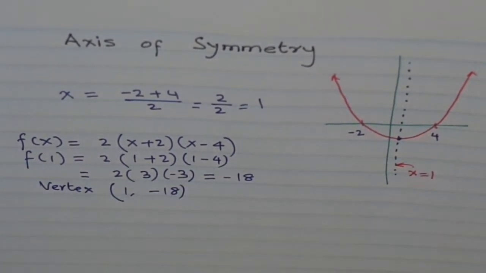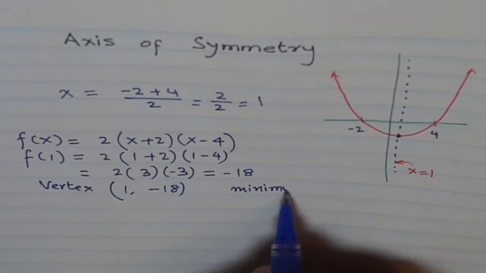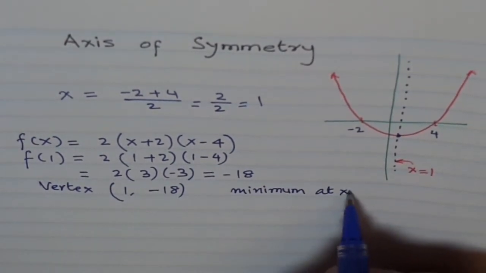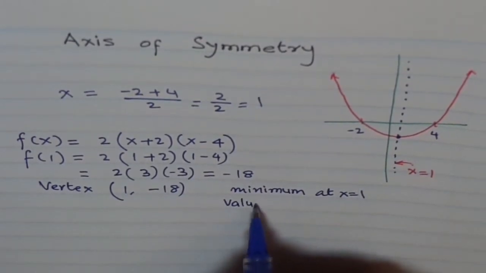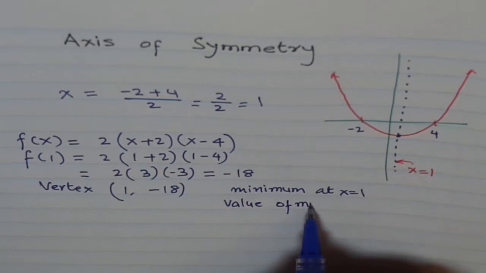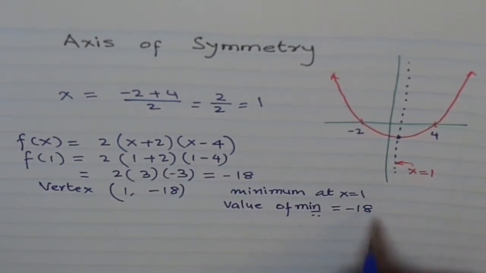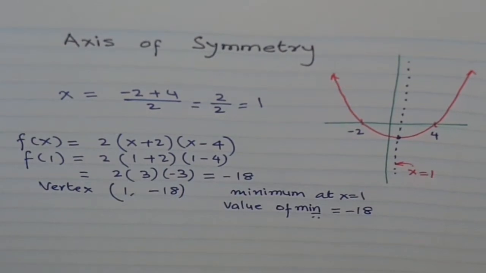Since the graph opens upwards, right? So we have a minimum at x equals 1, right? And what is the value of the minimum? The value is equal to -18, right? Now this vertex also helps us to give the range of our polynomial function, in this case a parabola, correct?